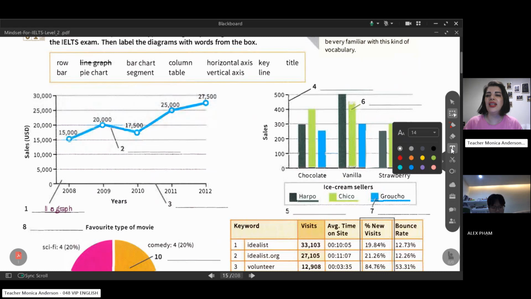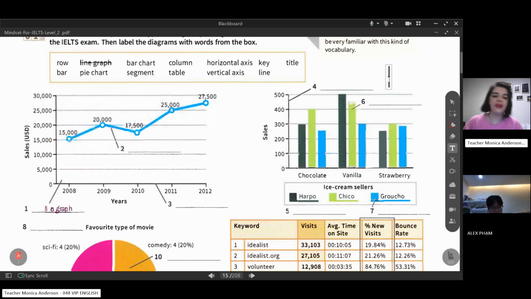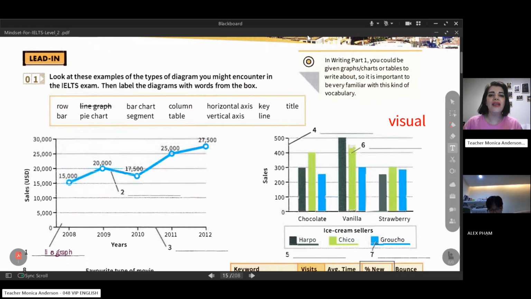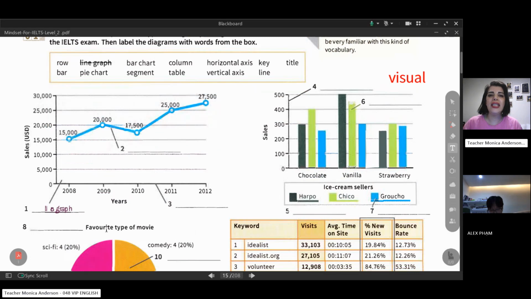Let me write here, because it's a bit difficult to say: we call them visuals. Look at them and let's write the words from the box in the correct place to complete them. So let's learn some words and phrases related to visuals.